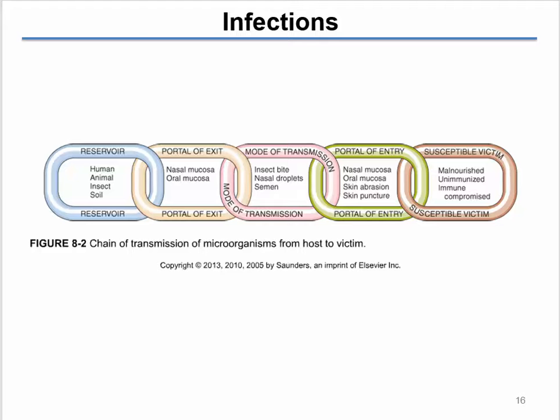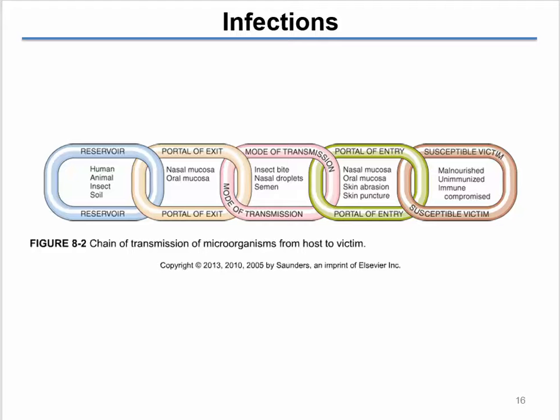Now, the first thing that's necessary is a source of the bacteria, a reservoir, as it were. The reservoir could be other humans. A lot of diseases spread human to human, things like HIV. The reservoir is a human that's infected. That other human could be ill with that disease, or they could maybe be a carrier of that disease, like typhoid.